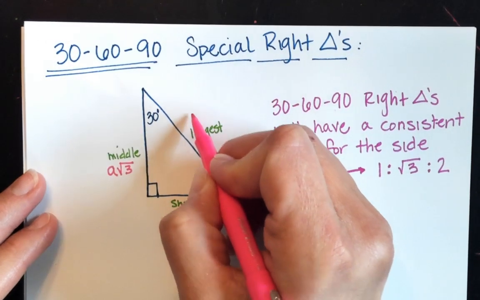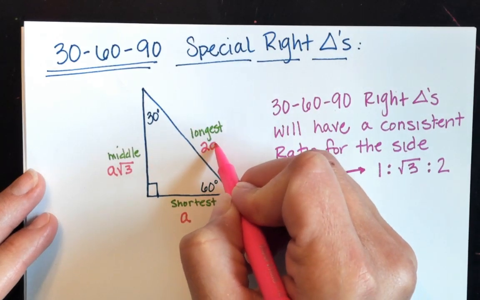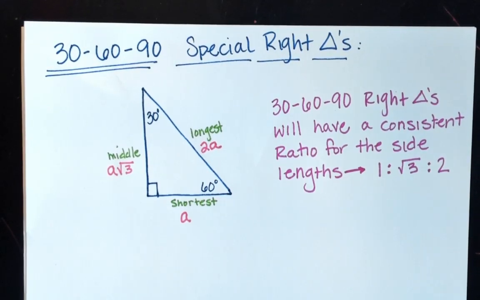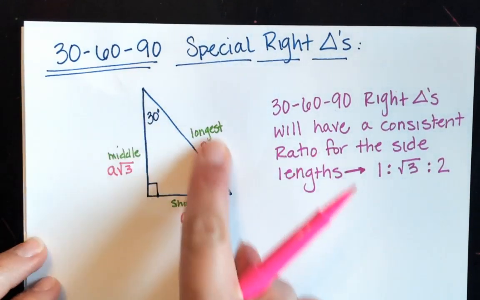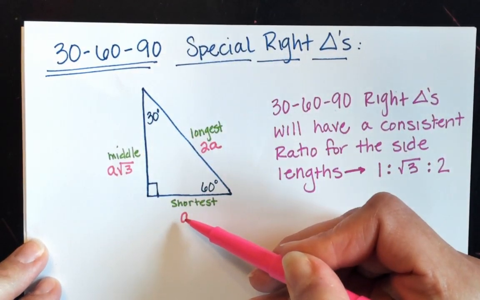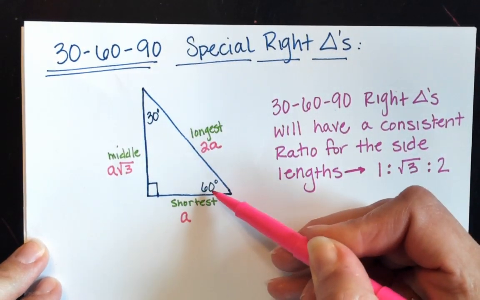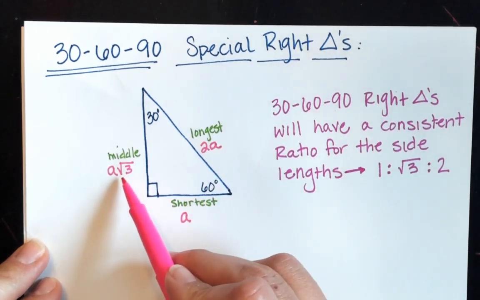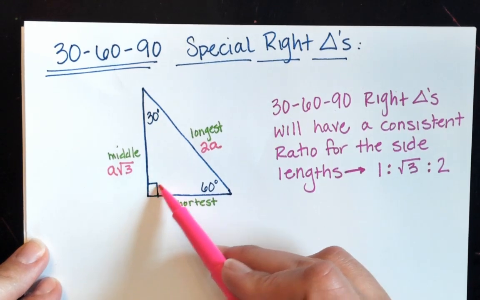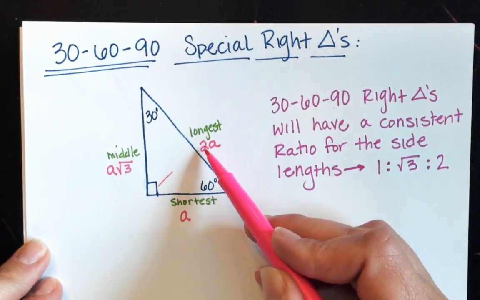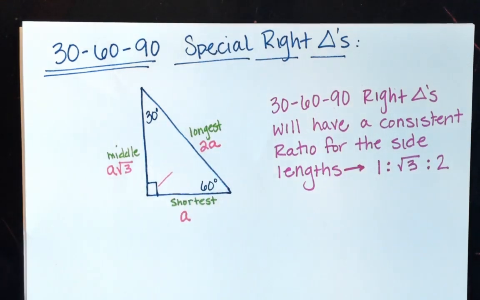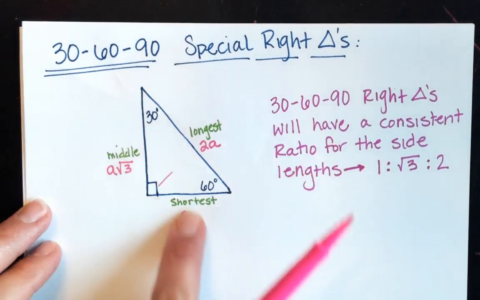That is going to be 2 times our something, or 2A. So we're going to have our formula, again, around our triangle. Opposite the 30 is A, 1 times A. Opposite our 60 is A radical 3, so radical 3 times something. And opposite our 90 is going to be our 2A, or 2 times something. So make sure we're traveling opposites.